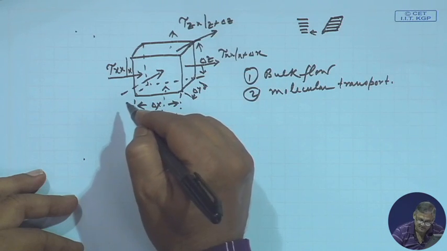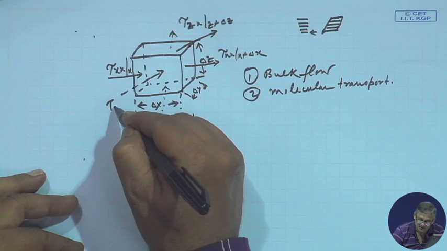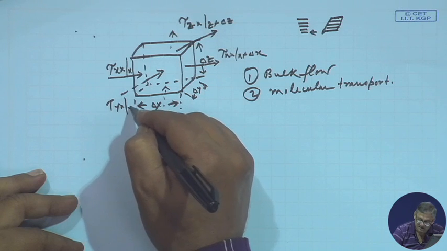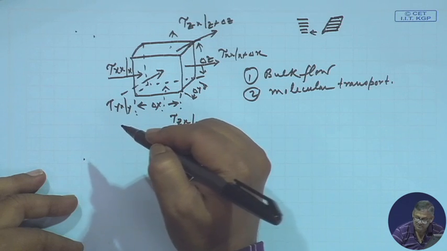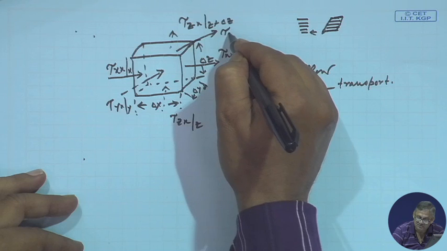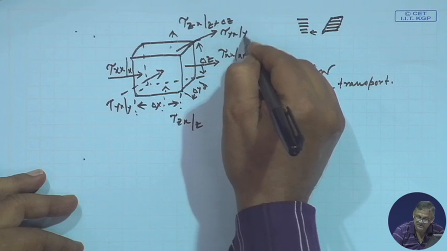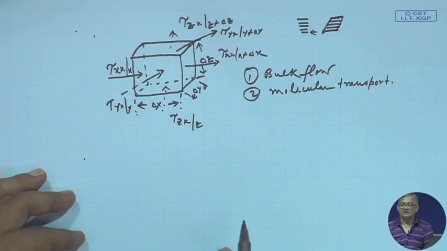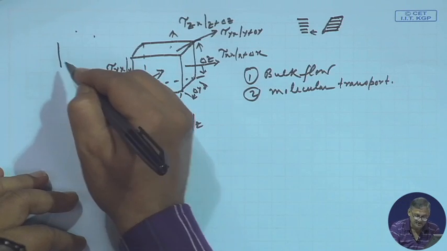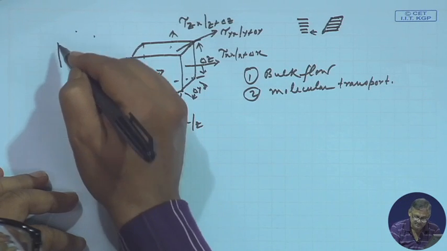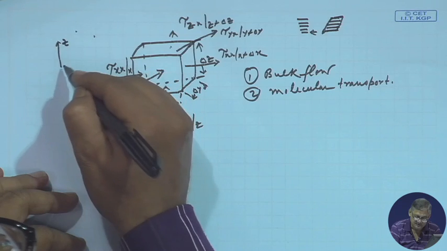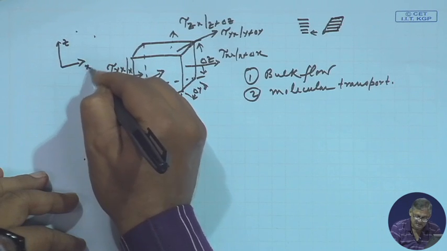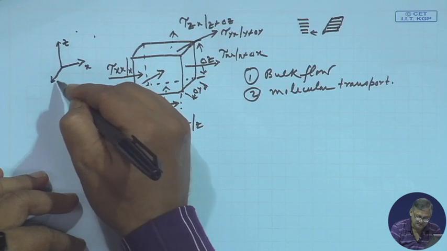So there we can write it like this and one like that. Then that can be said to be tau yx at the face y and tau yx at the face y plus delta y. And this is our xyz: this is z, this is x and this is y.